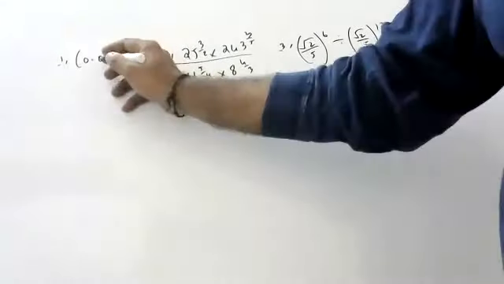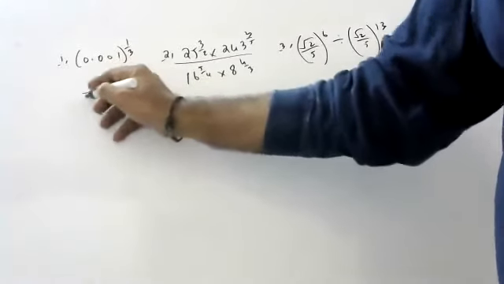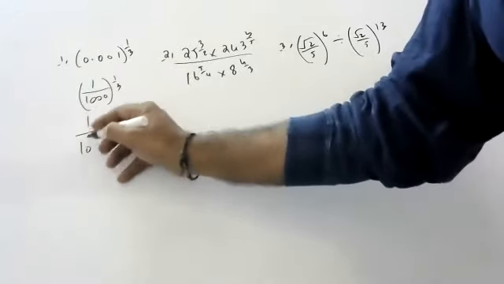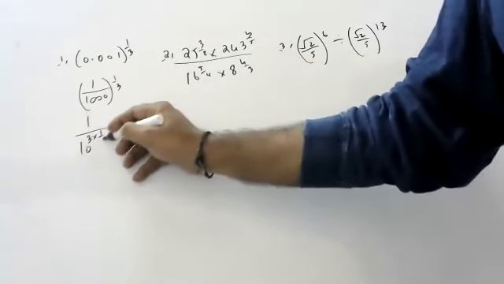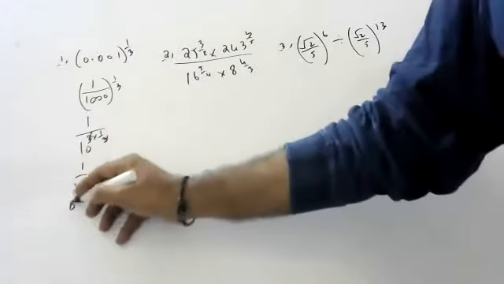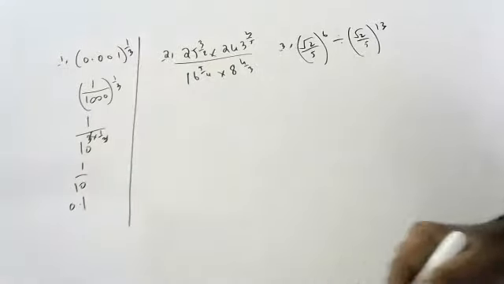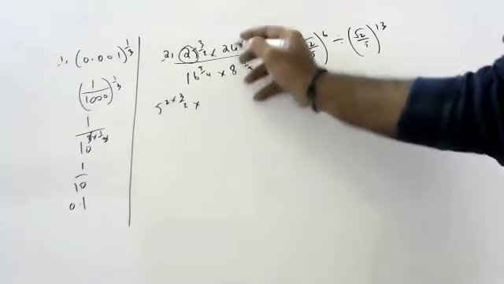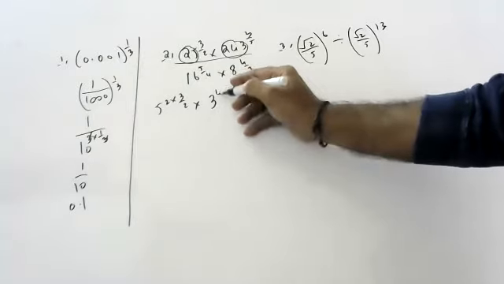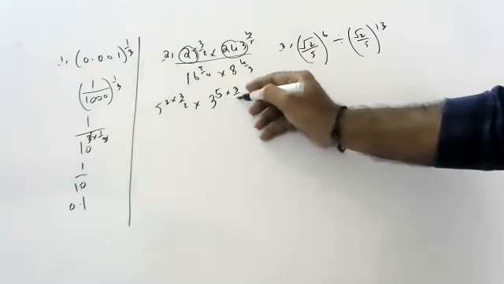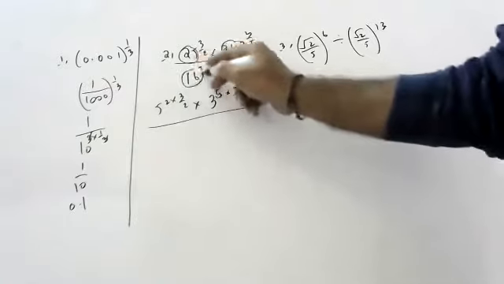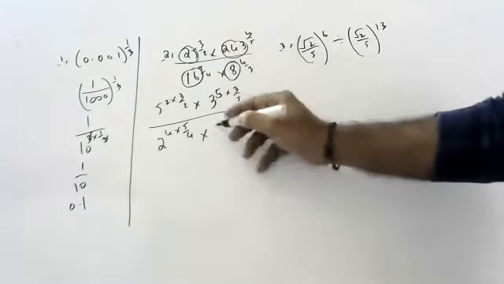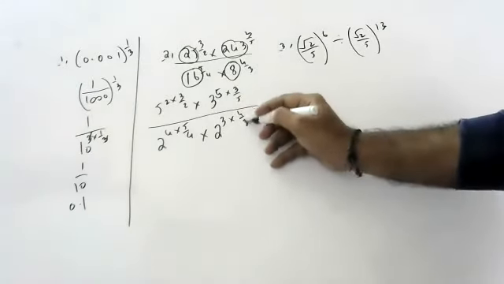Yes, sir. We can write 1 by 1000, sir, whole to the power 1 by 3. 1 by 1000 can be written as 10 cube whole to the power 1 by 3. 1 by 10 is equal to 0.1. 25 we can write as 5 square, into 3 by 2 into 3 by 3. 3 to the power 5 into 3 by 5. 2 to the power 4 into 5 into 5 by 4 into 2 to the power 3 into 4 by 3.